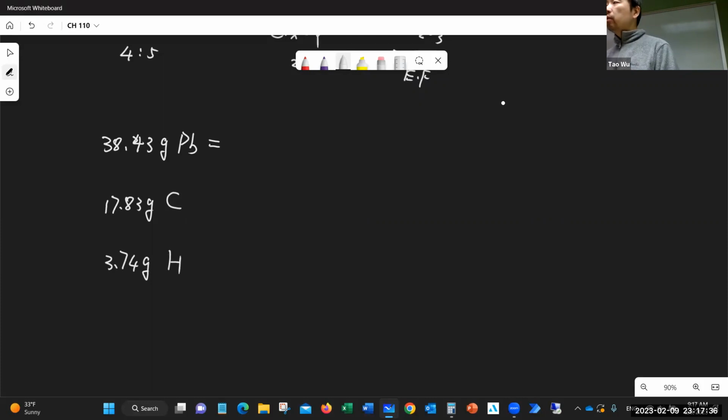Again, you're going to figure out the mole of each of these. Mole of the lead is mass over molar mass, 38.43 gram divided by the molar mass of lead, which is 207.2.